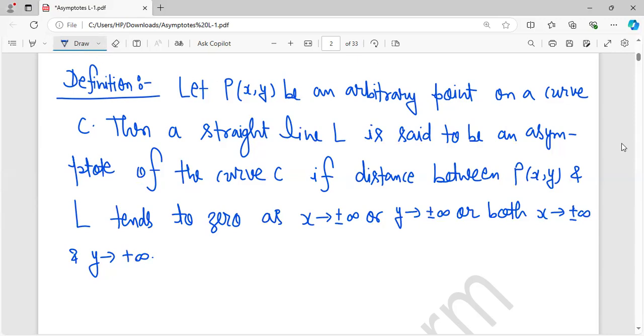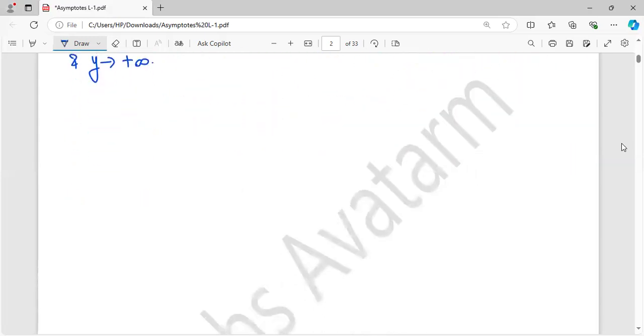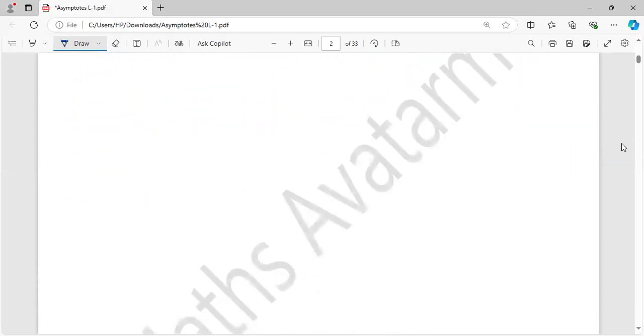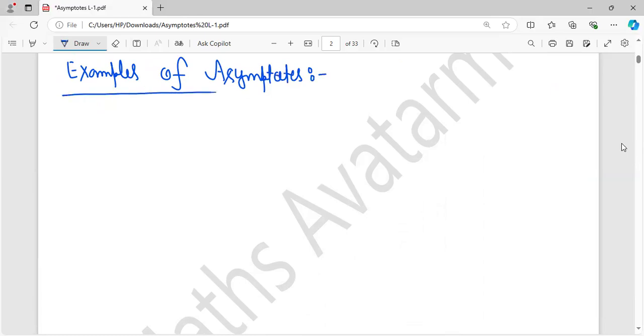So what are the examples of asymptotes? Examples of asymptotes. You see this one.